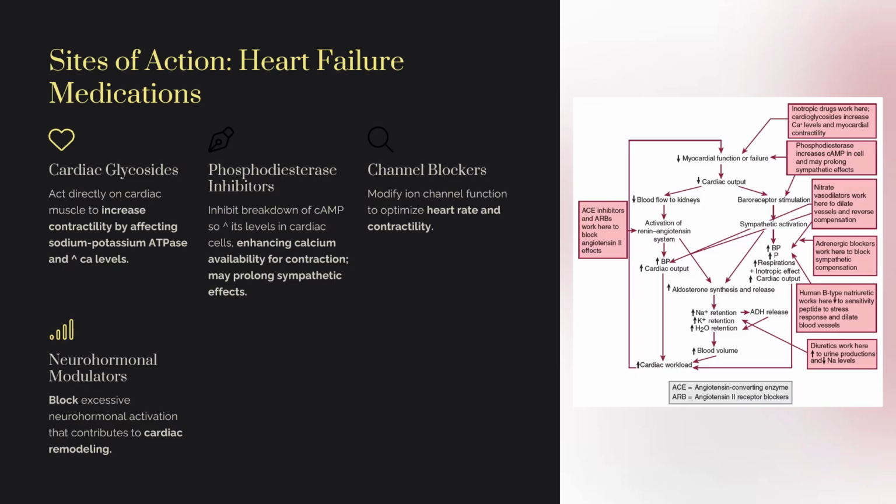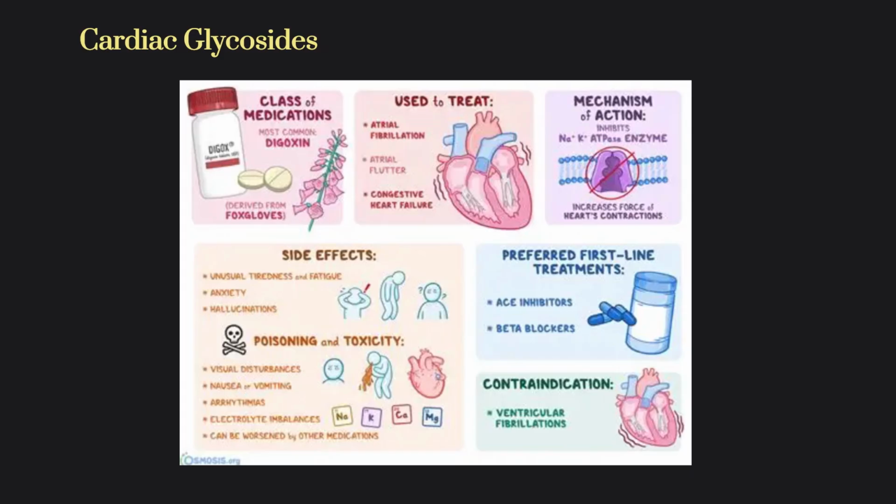Phosphodiesterase inhibitors are enhancing the calcium for contractility. And then calcium channel blockers affect the heart rate and contractility. And then the neurohormonal modulators are blocking the activation of those things. Okay. And again, that'll make more sense as we talk about those specifically.